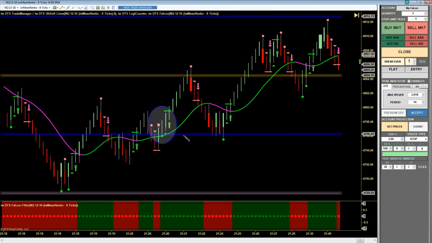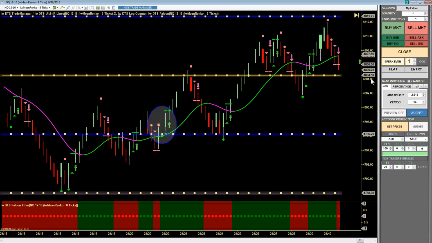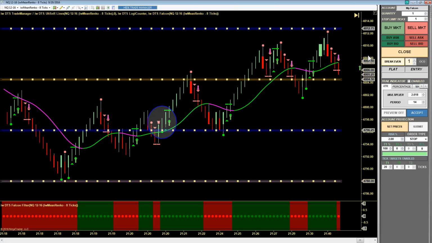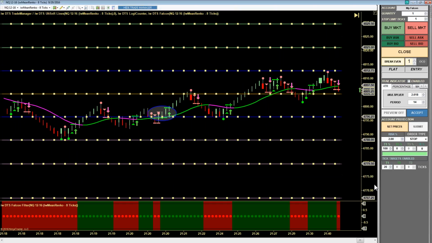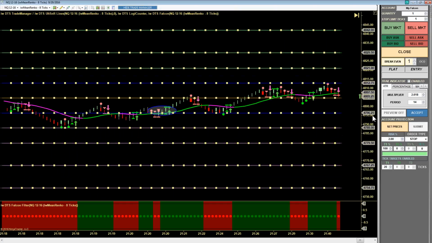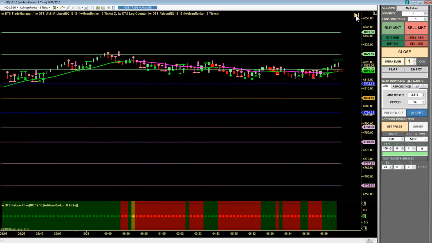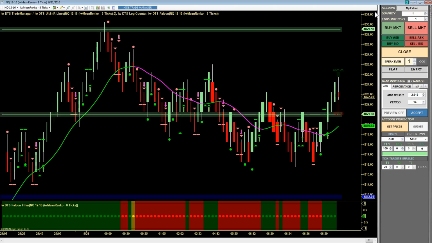It took a nice little bounce off of the primary support here, and rallied up to the median line. These lines that you see here, by the way, are what we call a system add-on. It's a standalone tool. You can use it on any chart. It doesn't matter whether it's a time-based chart or a tick chart or pretty much anything except a point and figure chart.